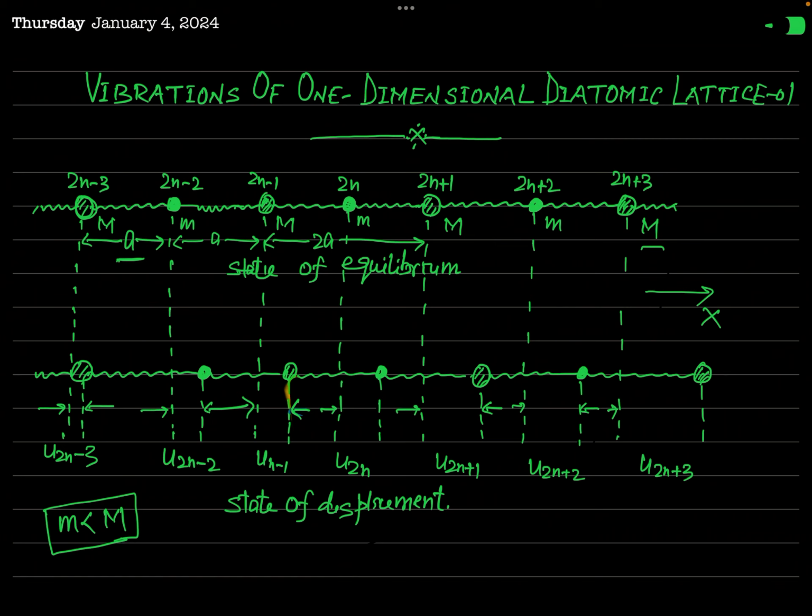In other words, the distance between two similar atoms, that is between this capital M and this capital M, will be equal to 2a.